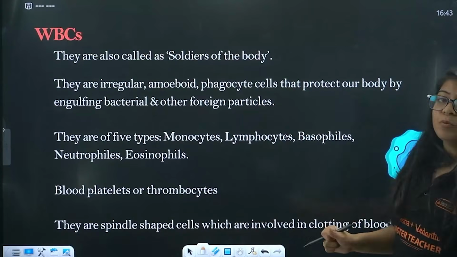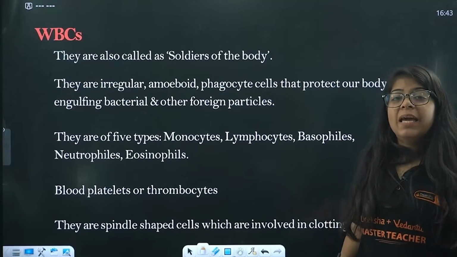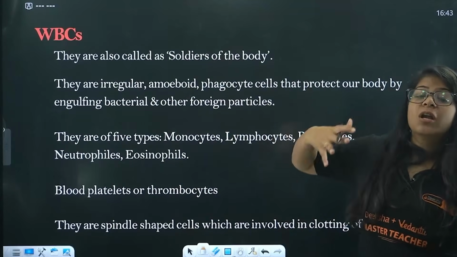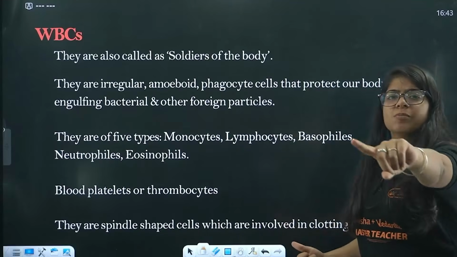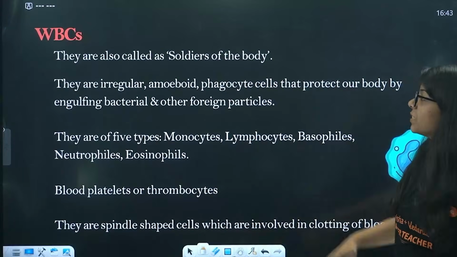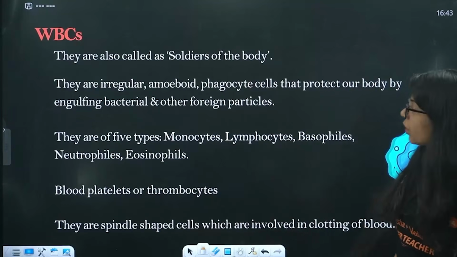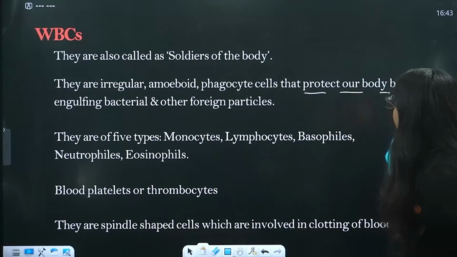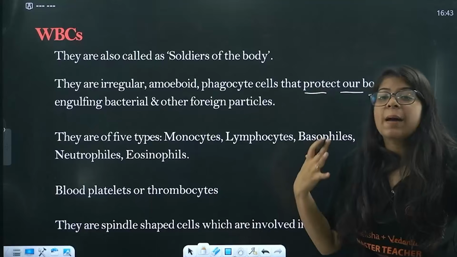Of course, WBCs are called the soldiers of the body. They come into play when we get injured, and when there is an external body inside our body. They're like, oh, this is not supposed to be inside the body, let me fight it. So these are your soldiers. These fight the external enemy in your body. They are irregular in shape, right? They protect our body by engulfing bacteria and other foreign particles.